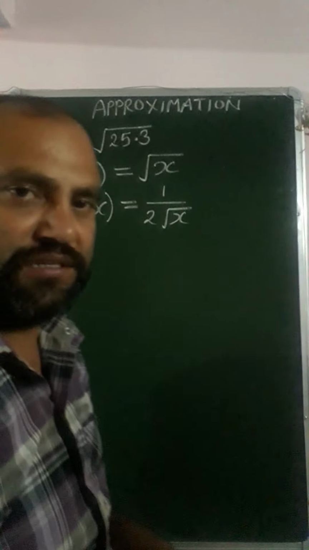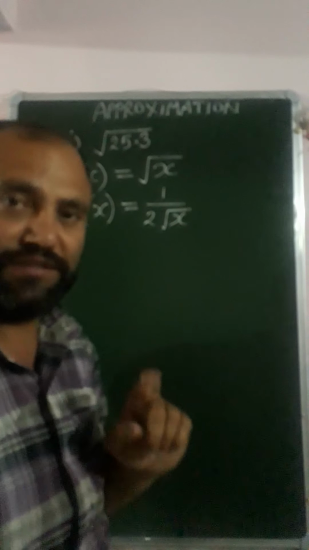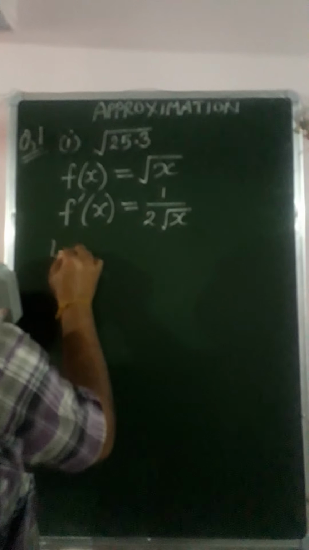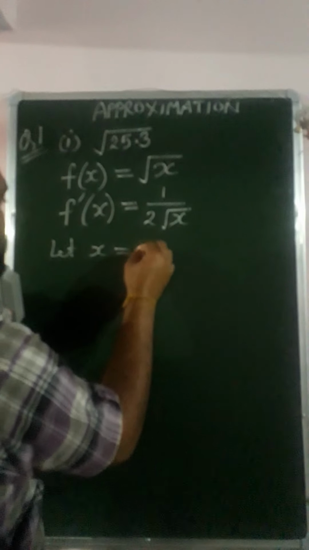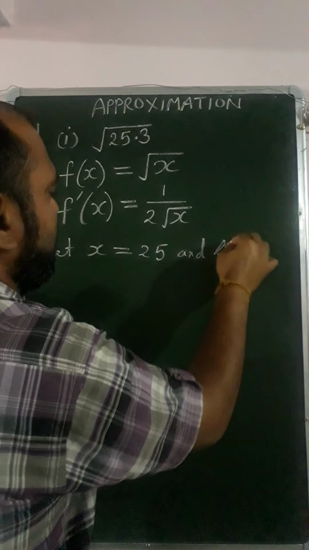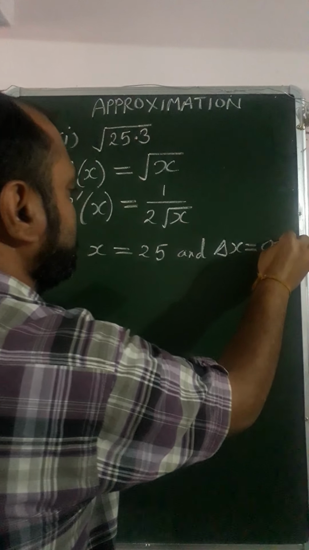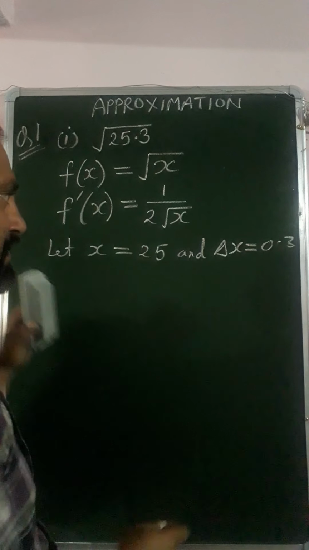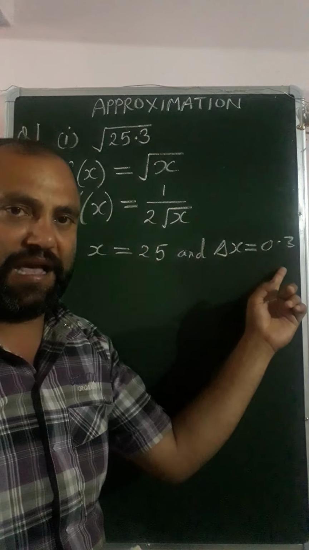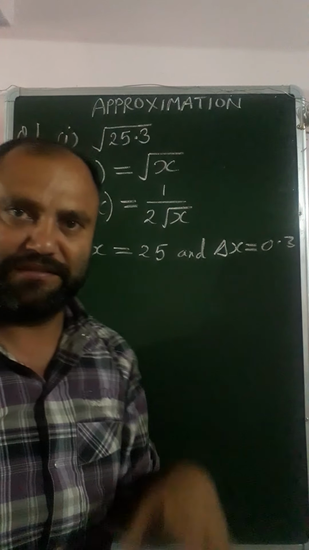Now your next step is to break this number 25.3 into two parts. So let x be equal to 25 and delta x be equal to 0.3. I am breaking this such that their sum is 25.3.